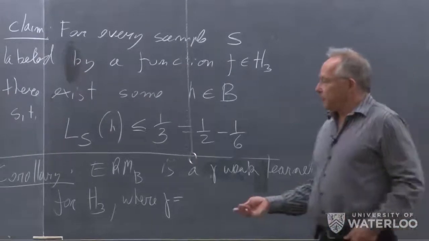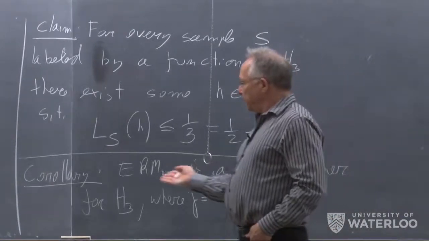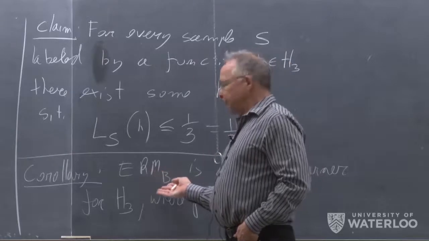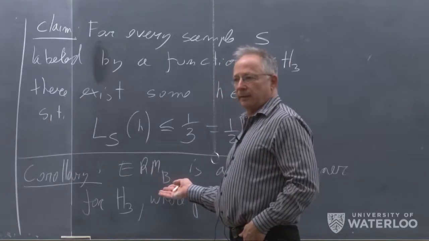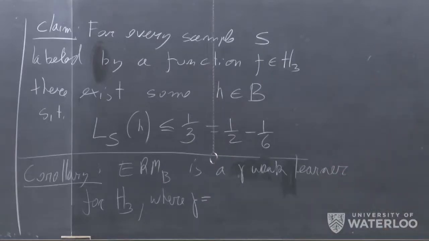For the true error, the point is that we know that this class B has VC dimension 1. So no matter what the distribution is, for every distribution, if I have large enough samples, the empirical error approximates the true error.